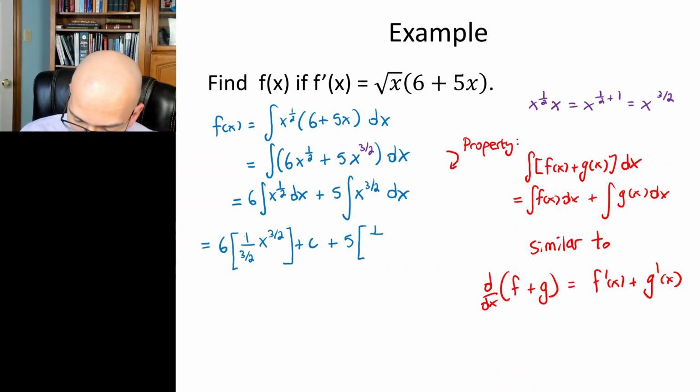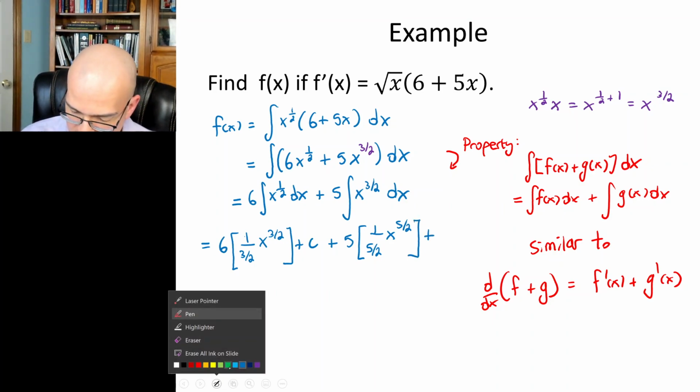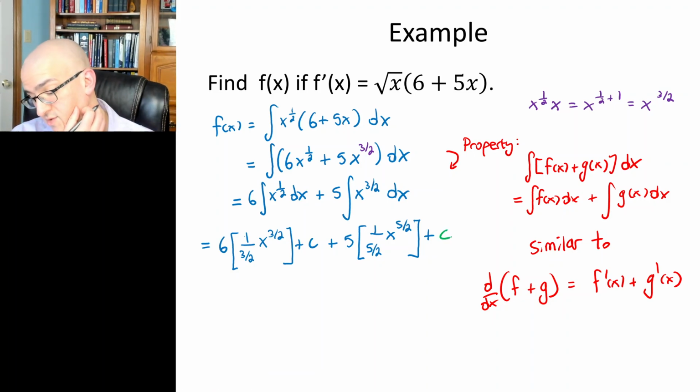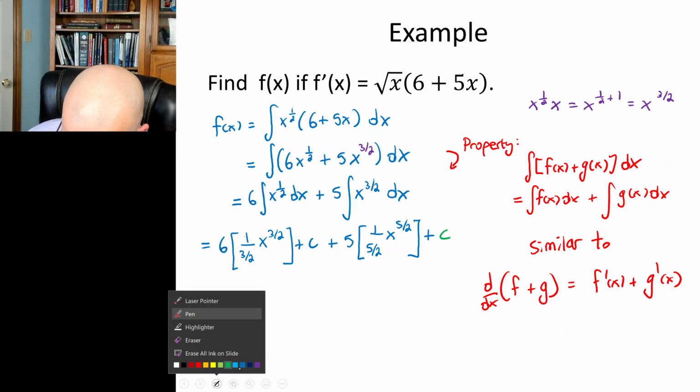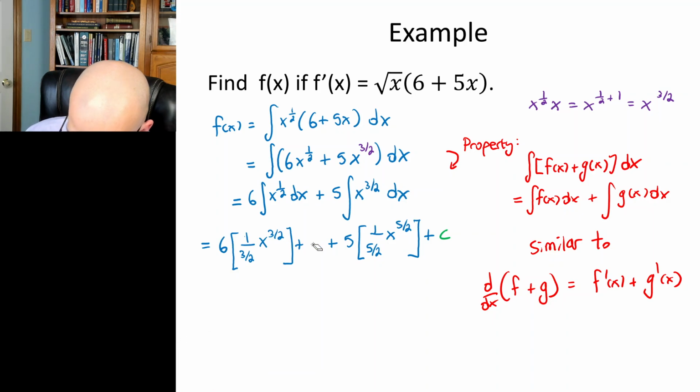So 1 over 5/2 times x to the 5/2 plus, well, I'll use a different color c here since it's a different constant of integration, right? I have two integrals. I have one constant from one, another constant from the other one. And I'll make that one different too. Use lots of colors.